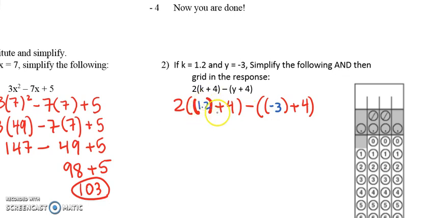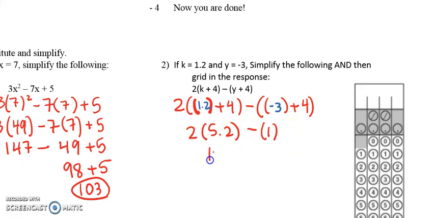But then we do the inside of the parentheses first. So 1.2 plus 4 would be 5.2. Doing these inside parentheses first, negative 3 plus 4. So really, we don't need these extra set of parentheses. But you can put them there. It's not wrong. Negative 3 plus 4 would be 1. Multiplication and division left to right.